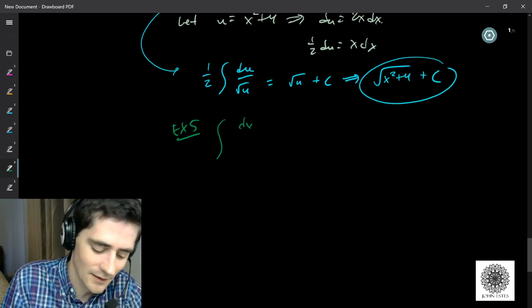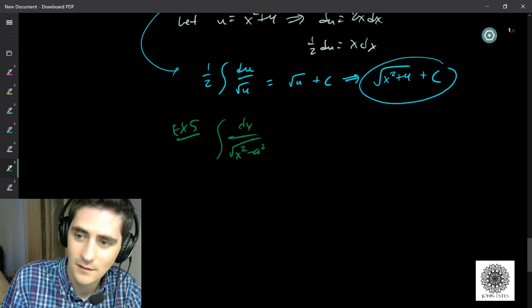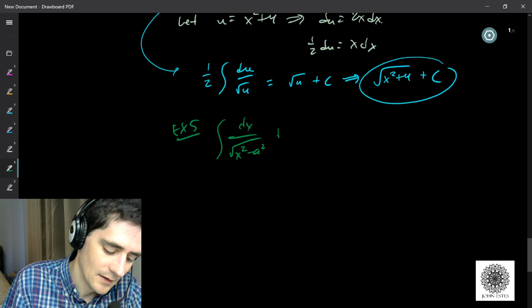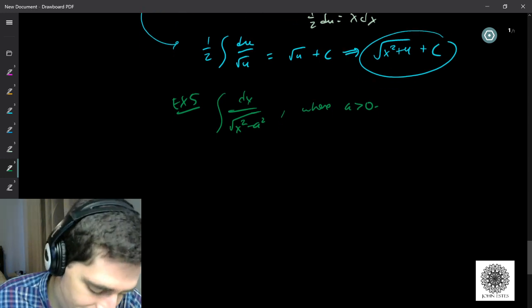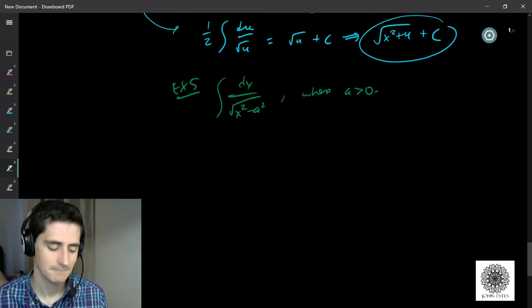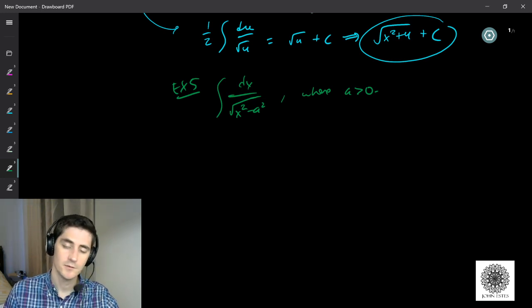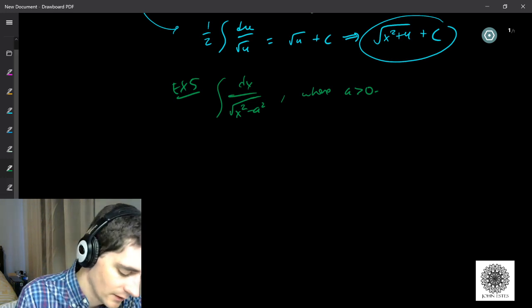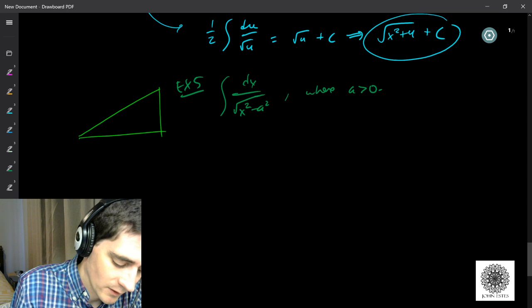Okay, so here's dx over the square root of x squared minus a squared. And here they specify, look, where a is greater than 0, okay? All right, now U substitution won't work, so we definitely have to move to something else, and I recommend going to the triangle because of that square root.